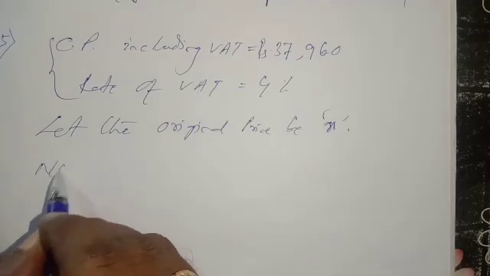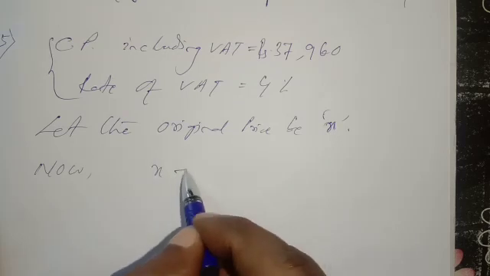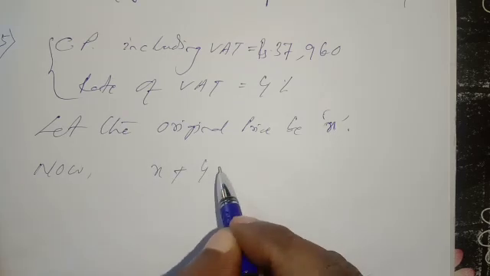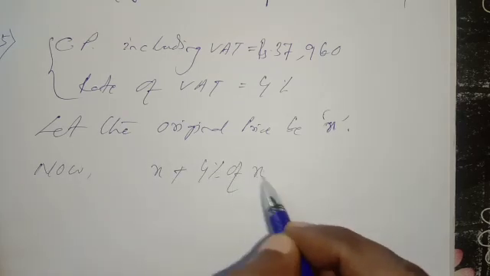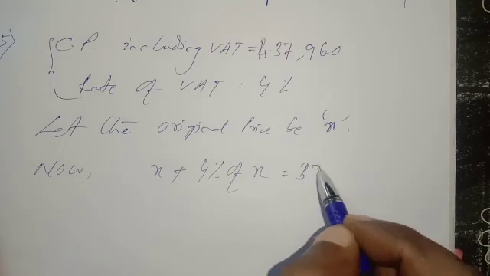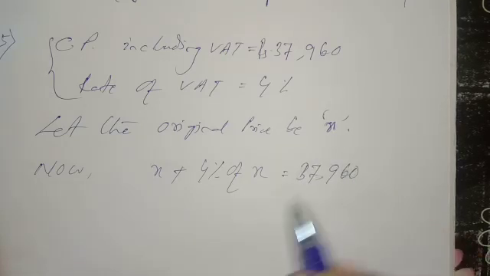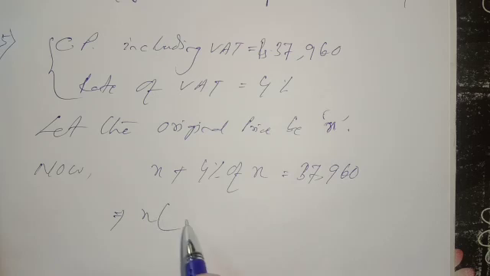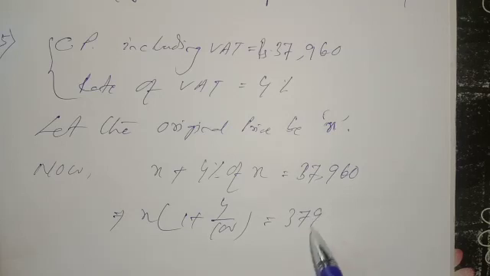Now original price plus VAT, that is 4% of X, equal to how much? 37,960. Take X common here, it will be 1 plus 4 by 100 equal to 37,960.